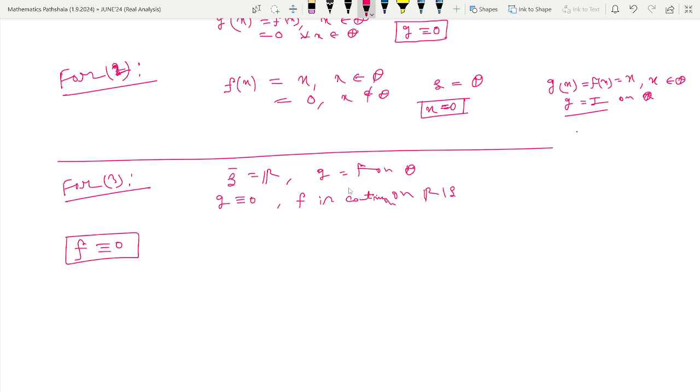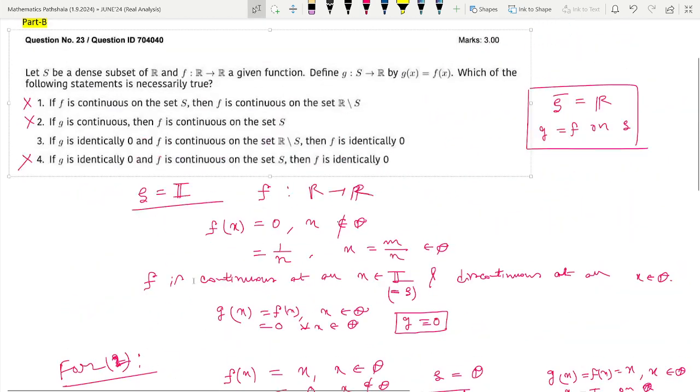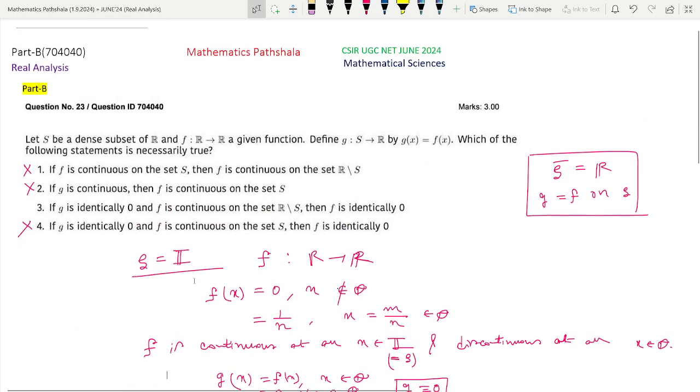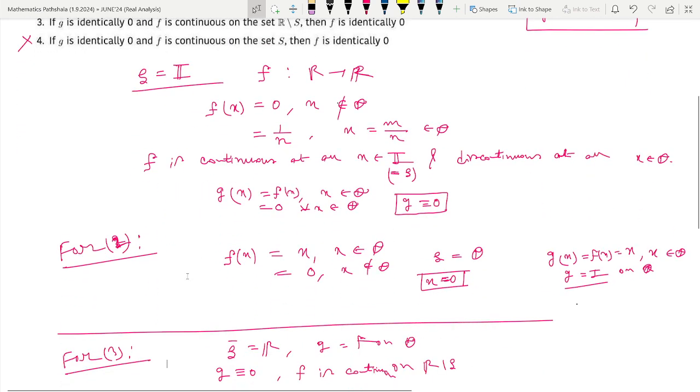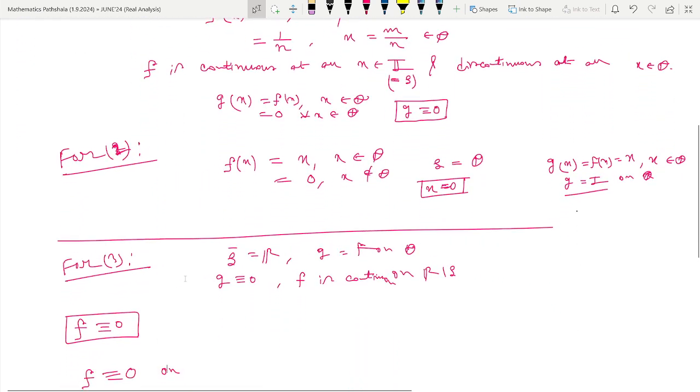Now see, we are given that g is equal to f on Q and g is identically 0. So we must have f is identically 0 equal to g on Q. Sorry, not Q, this is on S. This is on S, sorry. g equals f on S, not Q, I mean.